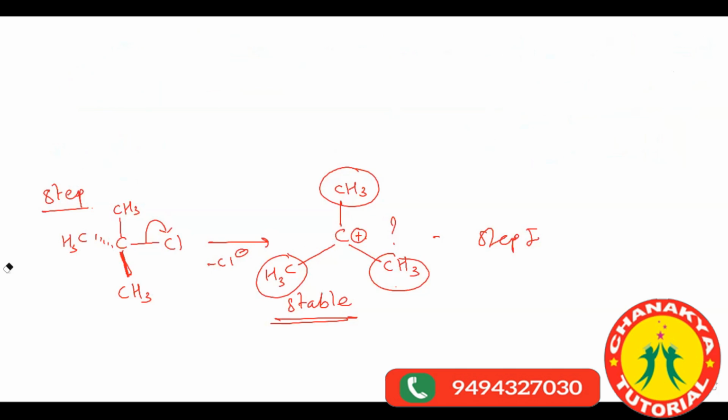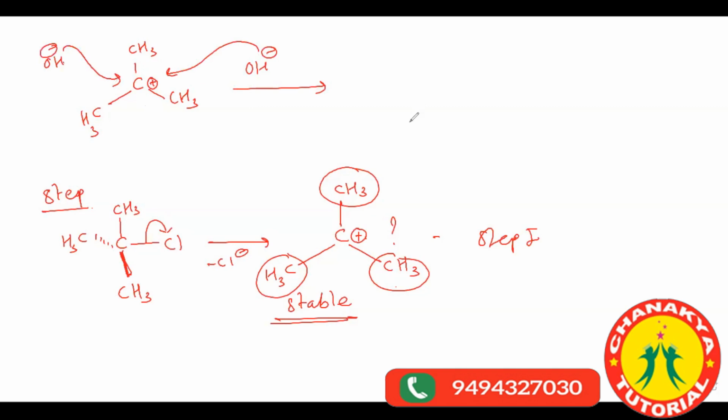In this case, this carbocation, with CH3, CH3, CH3 at 120 degree angles, gets attacked from both sides. So OH minus can approach this carbocation from this side, and it can also approach from the other side. Because of that, you get two types of product, a 50-50% mixture. So you will get the racemic mixture in this case.